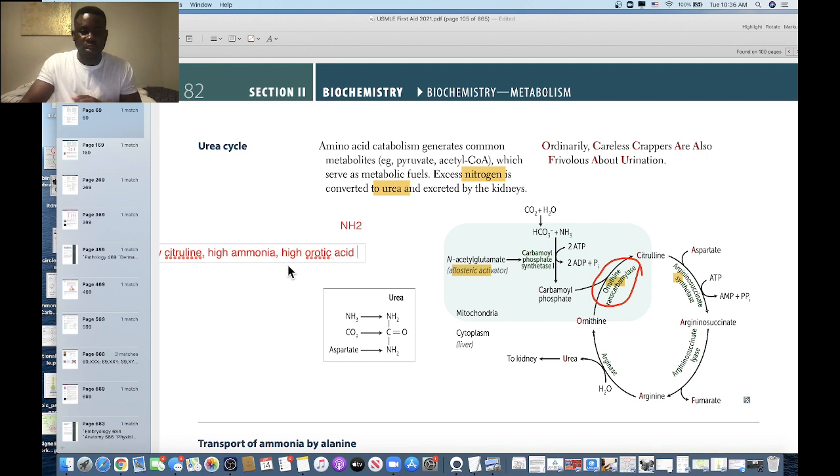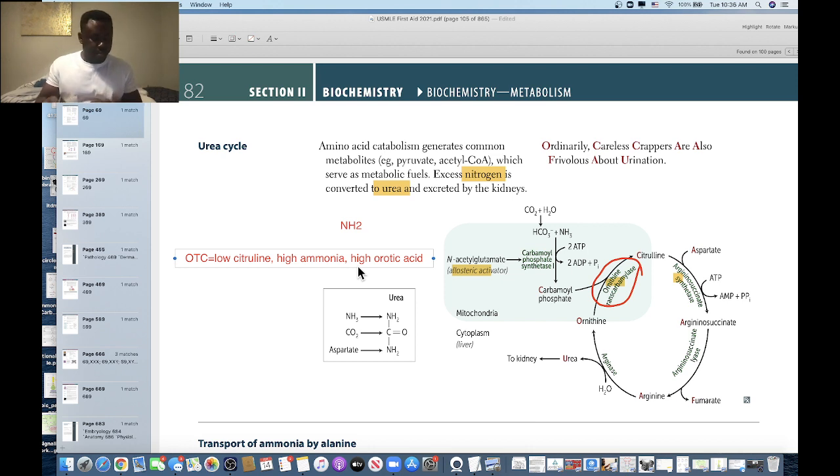If you want to understand this, then we have to go to page 36, where we have the pyrimidine and purine synthesis pathway.